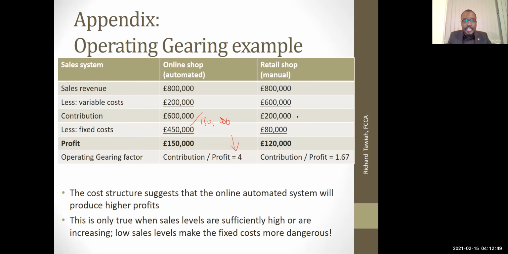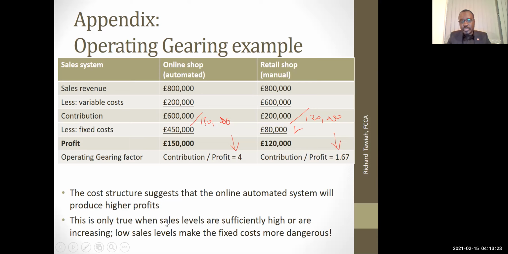But for the manual scenario, where we divide 200,000 by 120,000, we end up getting 1.67 times. Which one would you go for? Which one is giving us a higher leverage, or operating gearing? The cost structure suggests that, yes, the online automated system will produce higher profits.